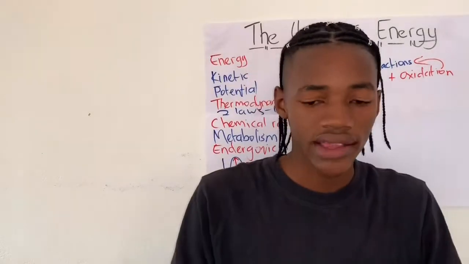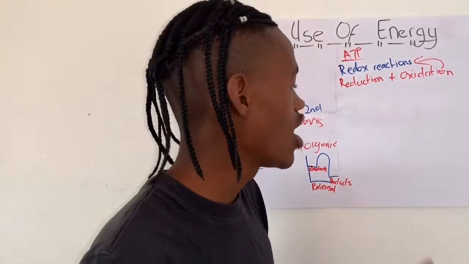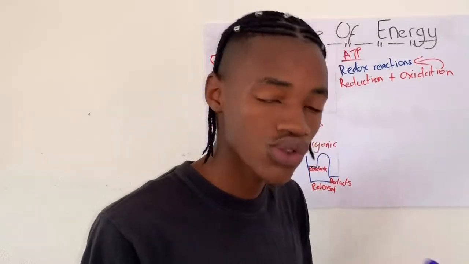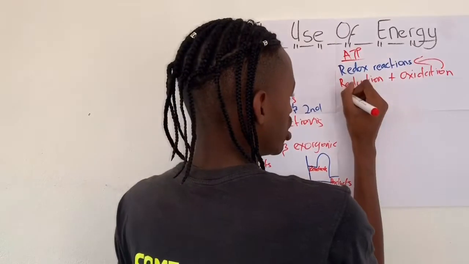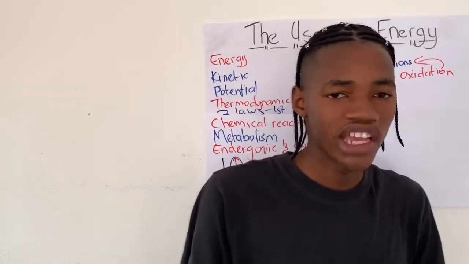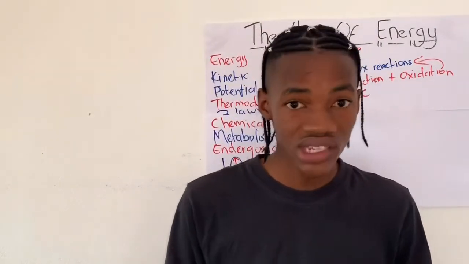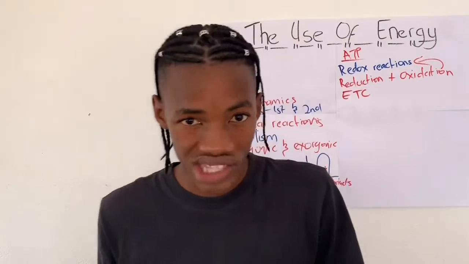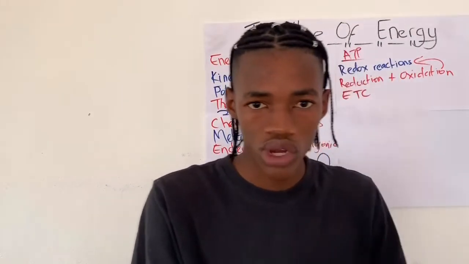Yes. Now oxidation-reduction reactions, also called redox reactions, give us an electron transport chain. The electron transport chain is a group of membrane proteins found on a membrane that shuttle electrons from protein to protein.